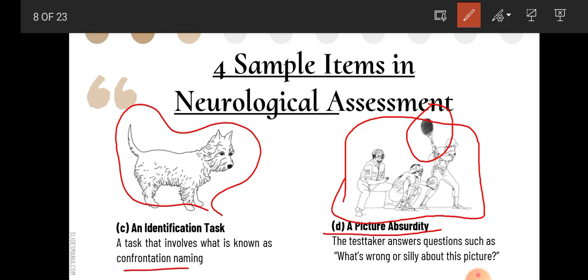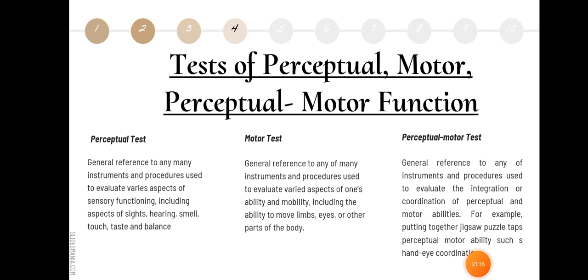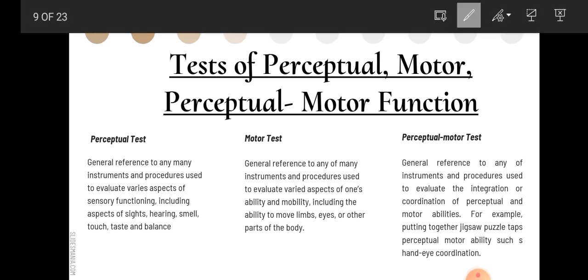So items, we're talking about items. The fourth test is the test of perceptual motor function. So they are combined here. So first is the perceptual test. It generates reference to many instruments and procedures used to evaluate various aspects of sensory functioning.